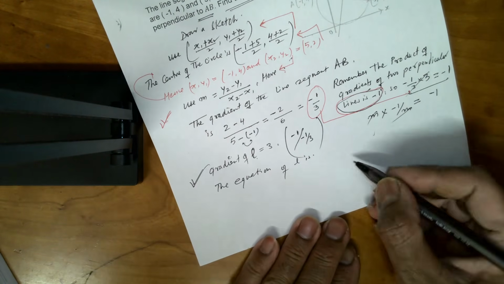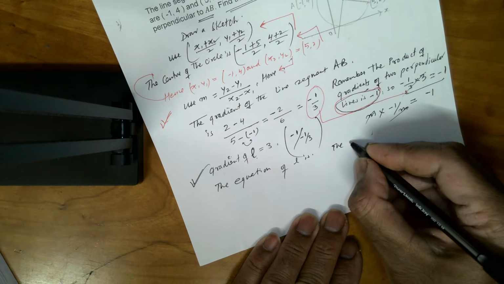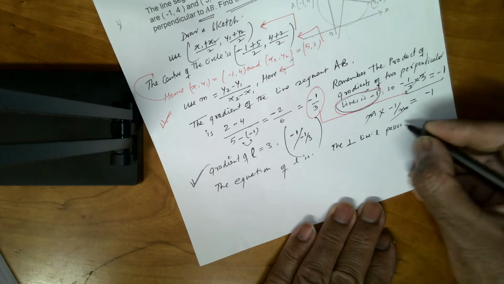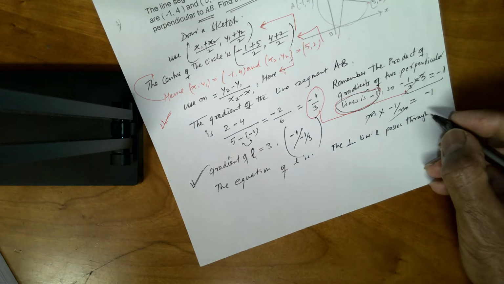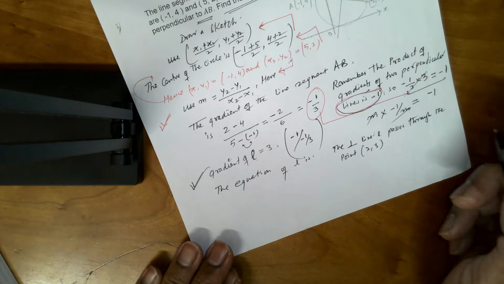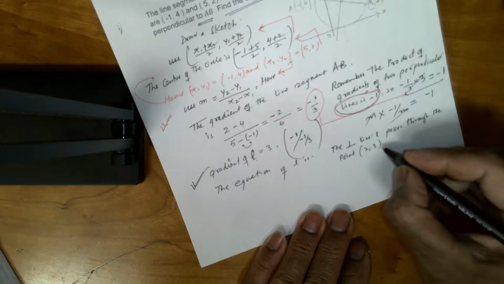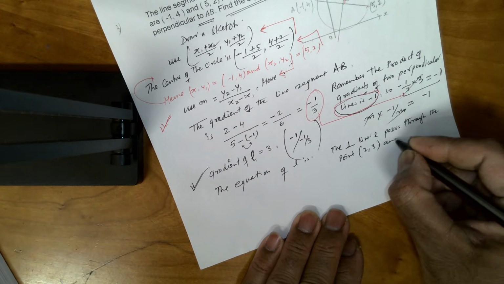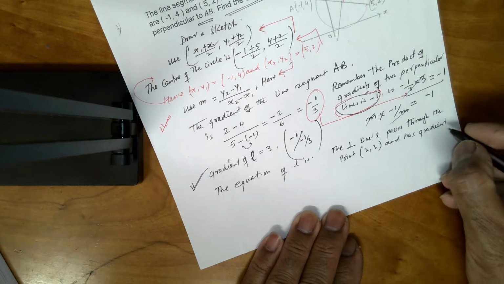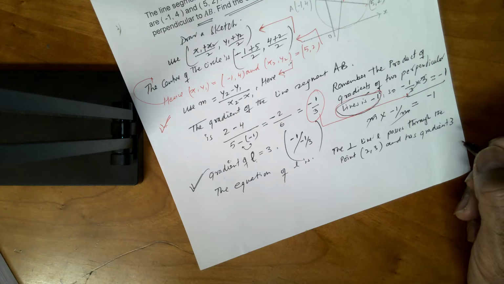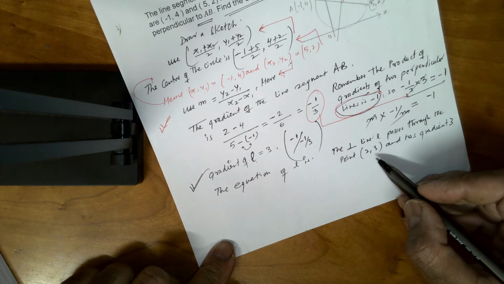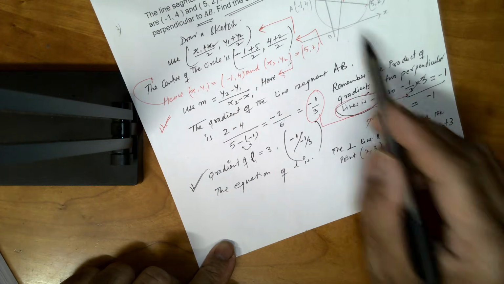It says the perpendicular line L passes through the point (2, 3) and has gradient 3.